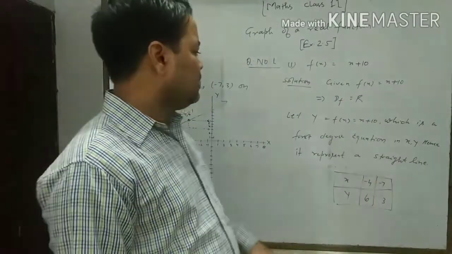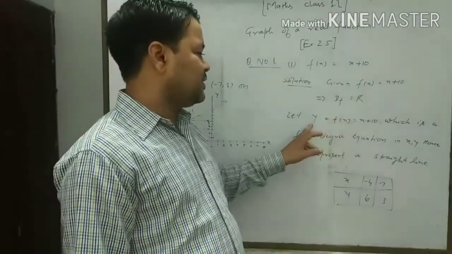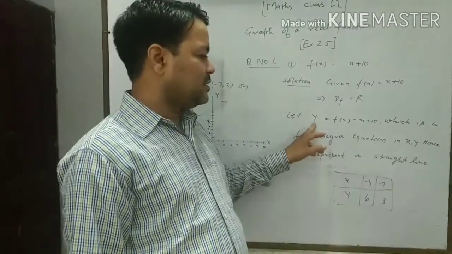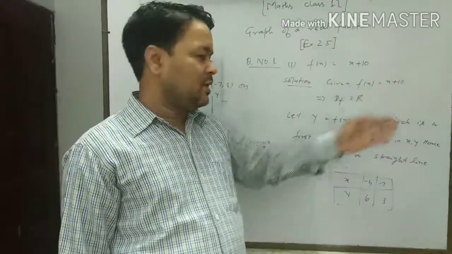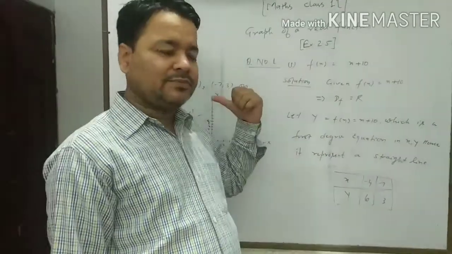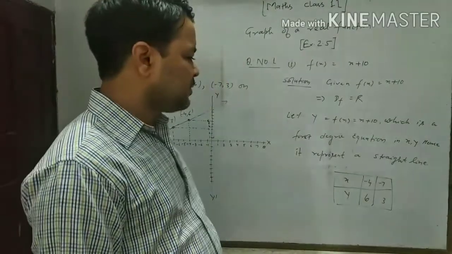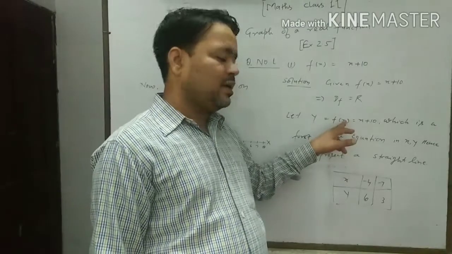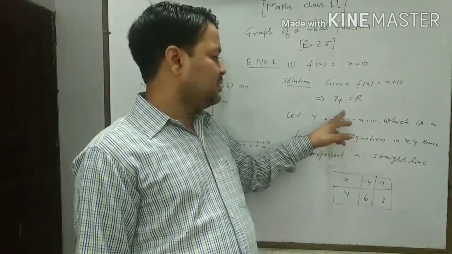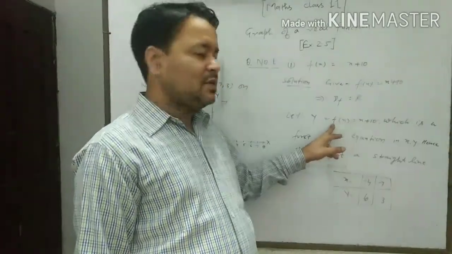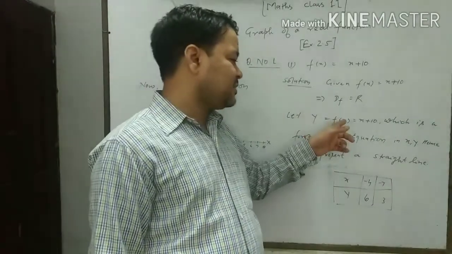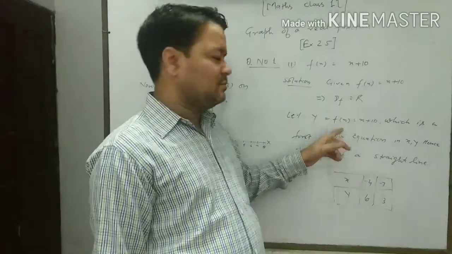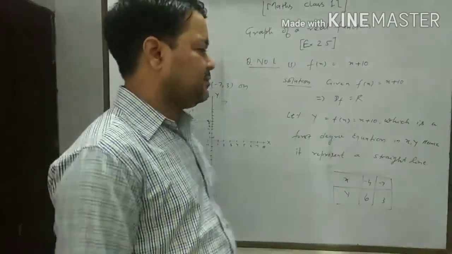We know that f(x) can be written as y also. y represents the codomain part, x represents the domain part. What is y? y is the image of x under the function f, that is x + 10.